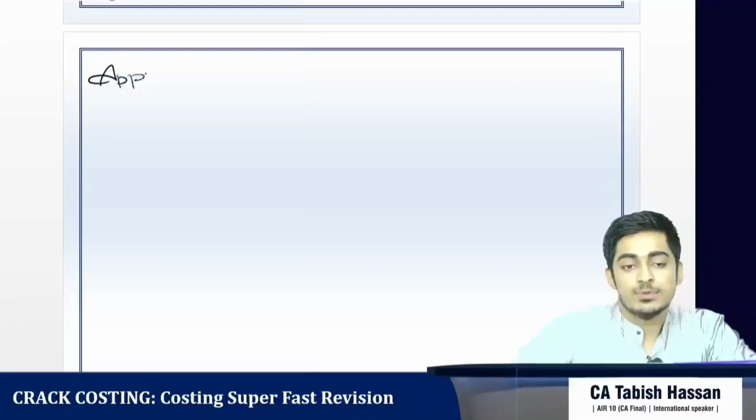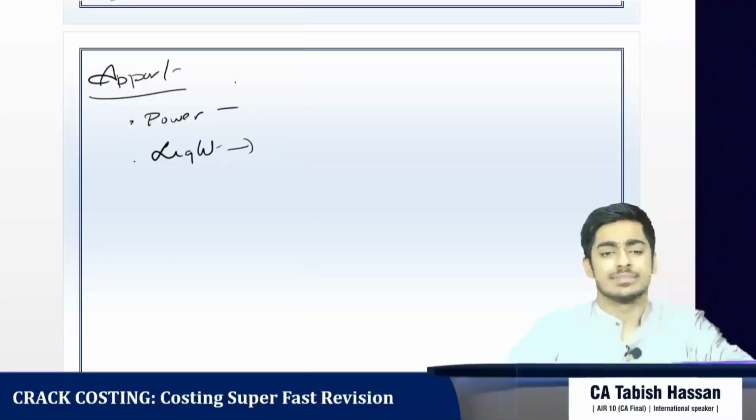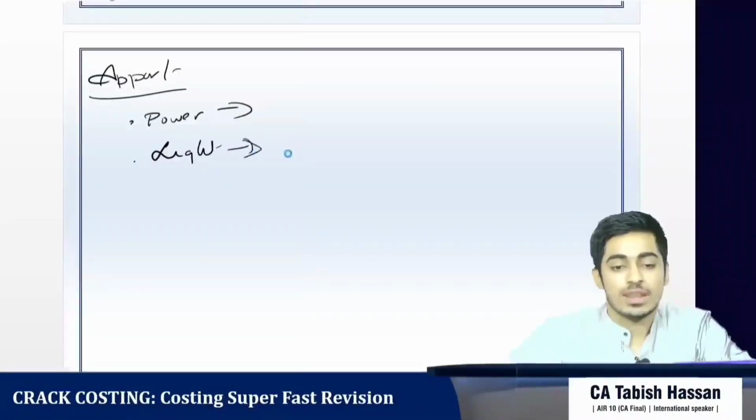Then for apportionment, we have the power cost, we have the light cost. There is a difference between power and light. Light is the general lighting and power is used for production in the machines. For lighting, we distribute it based on the number of light points generally.